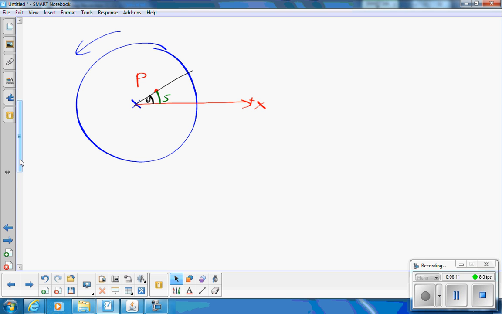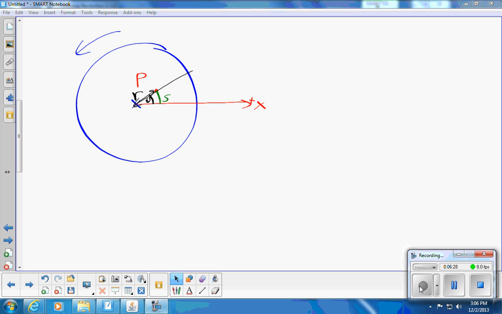No surprises here. I'm going to mark the distance that point P is from the axis of rotation, and I'm going to call this distance the little letter r.